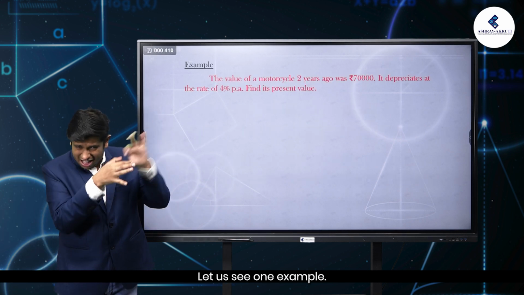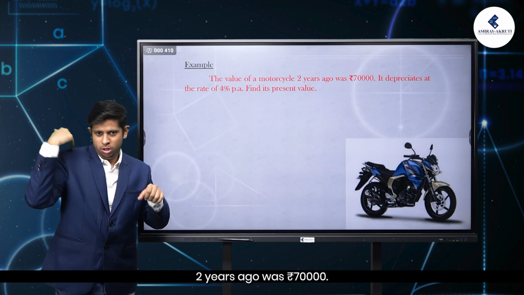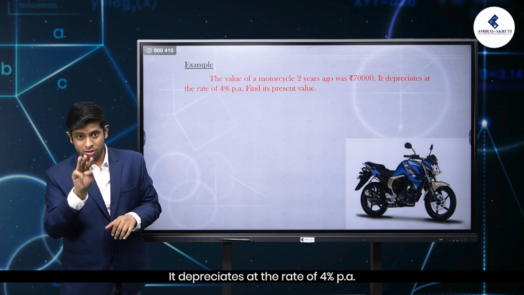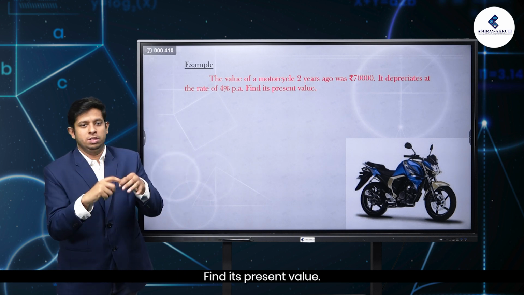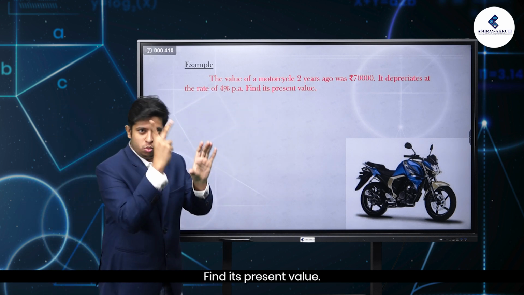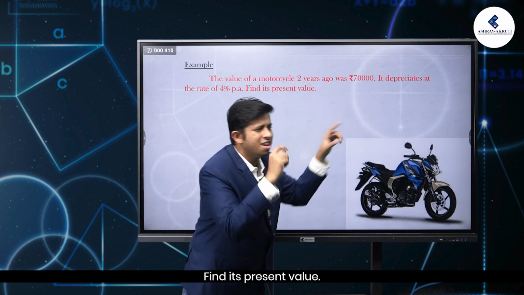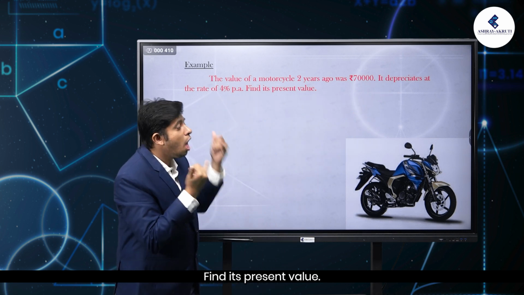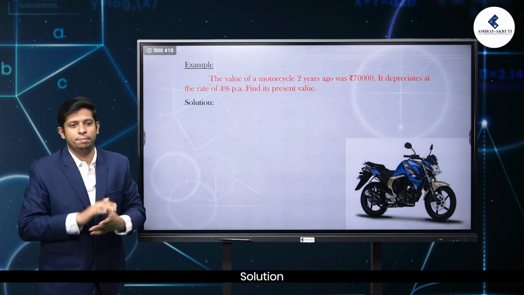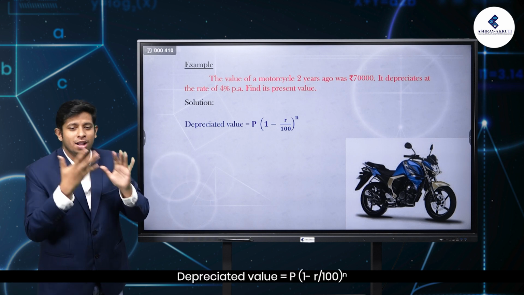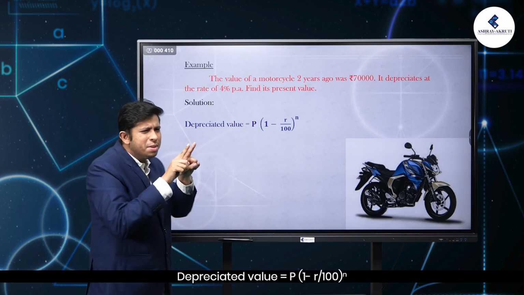Let us see one example. The value of a motorcycle 2 years ago was 70,000. It depreciates at the rate of 4% per annum. Find its present value. Solution. We know depreciated value is equal to P into 1 minus R by 100 whole power n.